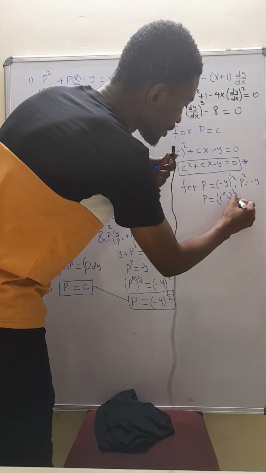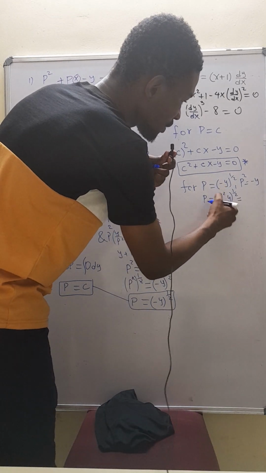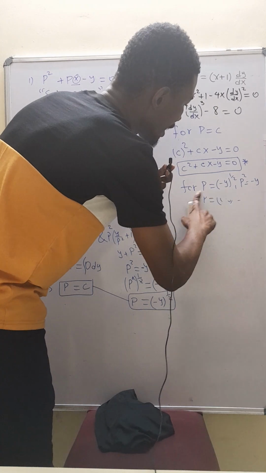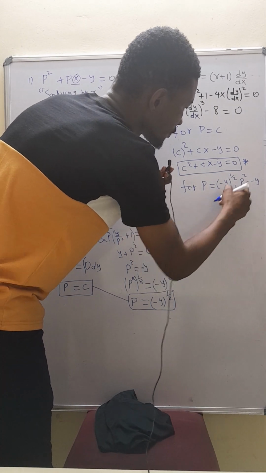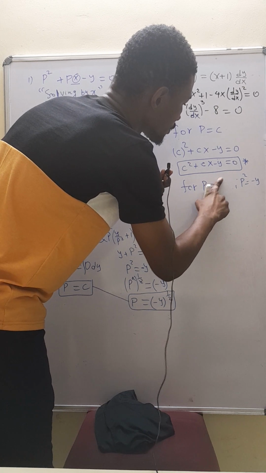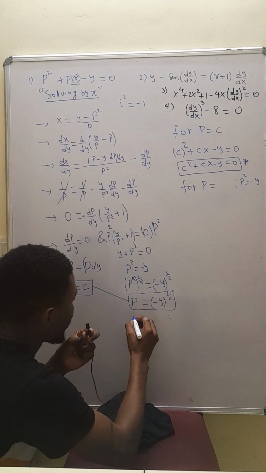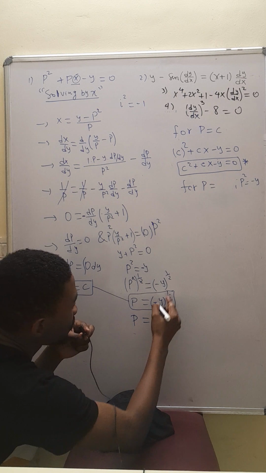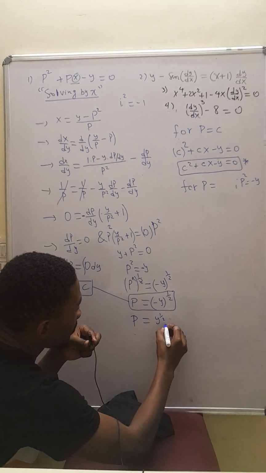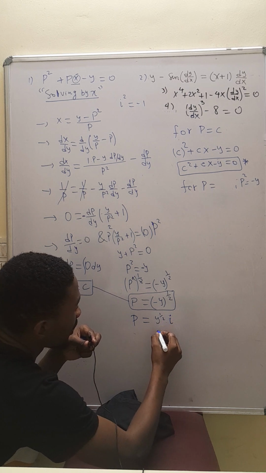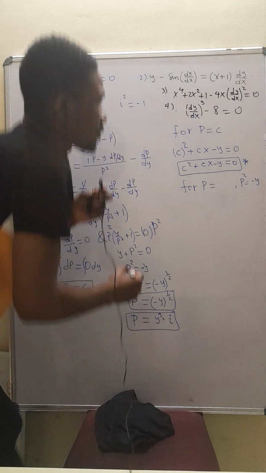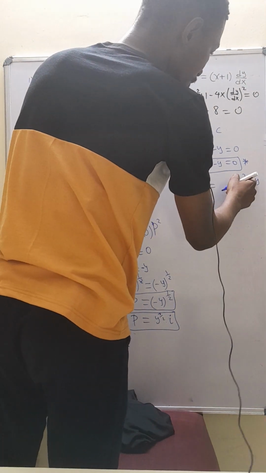What will it be? Something like this. The i can go outside here. Let me write it down. So p will be equal to root y, times i. This will be the way to write this solution.